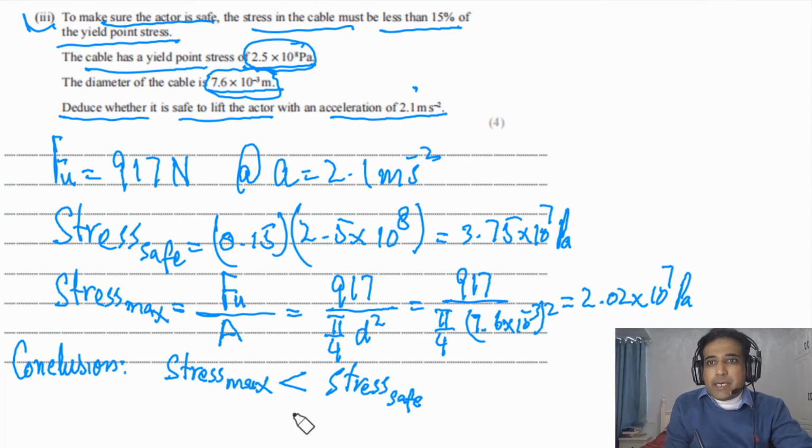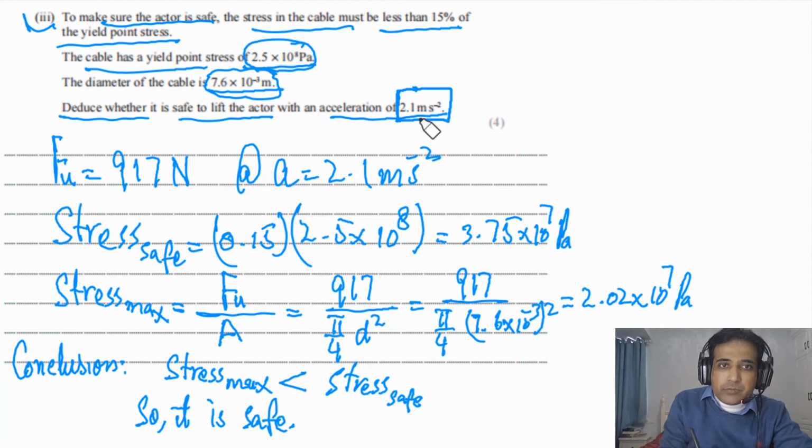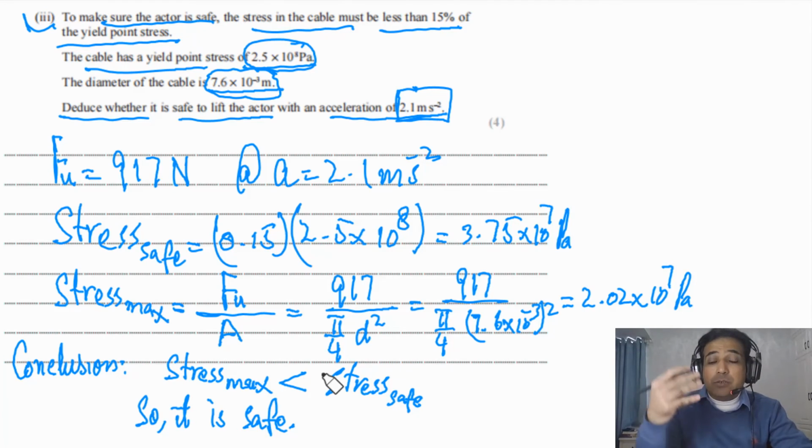So it is safe. The actor is safe if accelerating with this acceleration, because the stress in the cable is lower than the safe value of the stress. So this is how we can conclude.